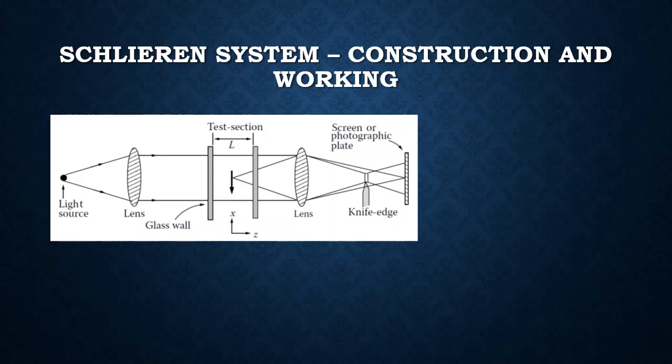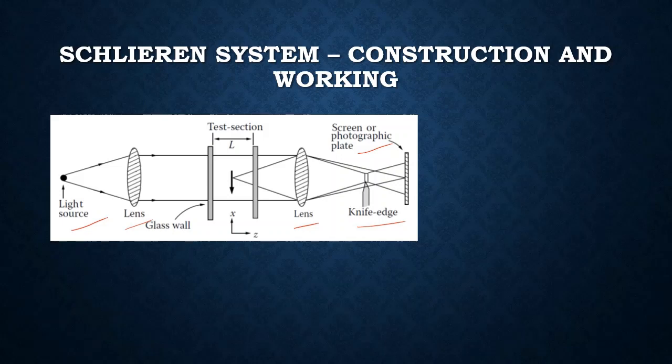We have the light source, and then lenses. The lenses are parabolic, and then we have the knife edge, and then we have the screen for recording those images, or a photographic plate, right? Dark plate, we will keep it on the screen region, right?